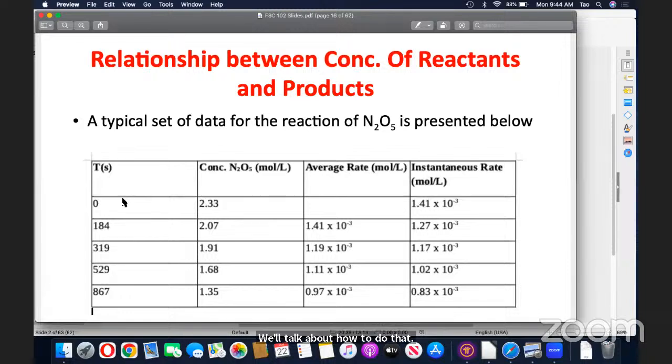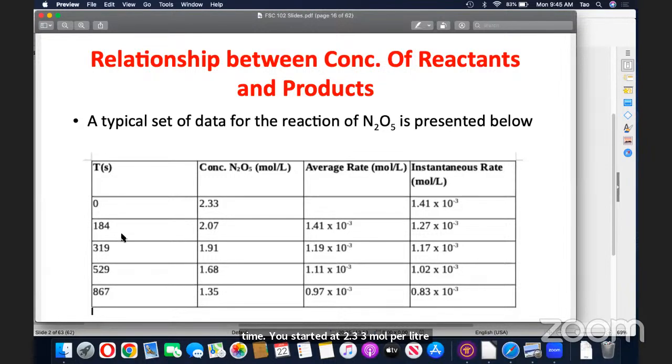But again, look at this. This is the time. We're having the reaction we mentioned earlier, N2O5. At 0 seconds, at 184 seconds, at 319 seconds, at 529 seconds, at 867 seconds. And this is the change in concentration. At time 0, you started at 2.33 mole per liter.